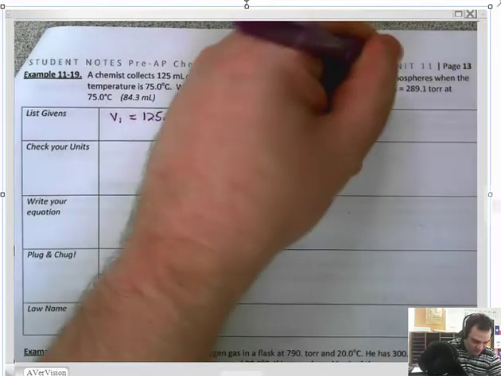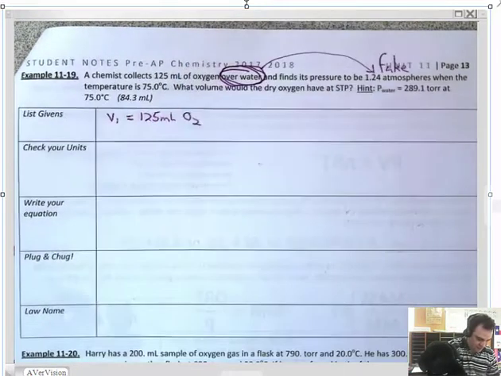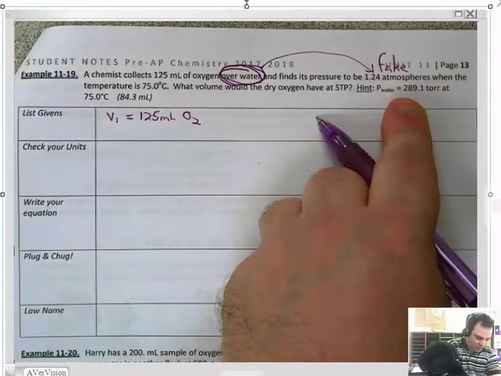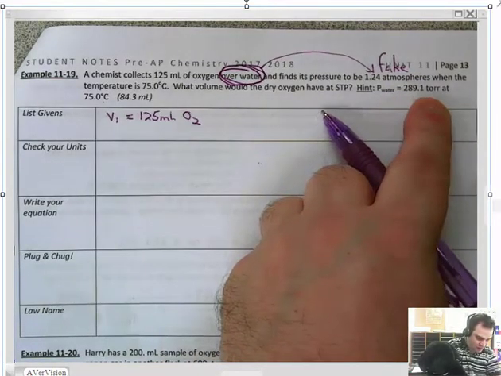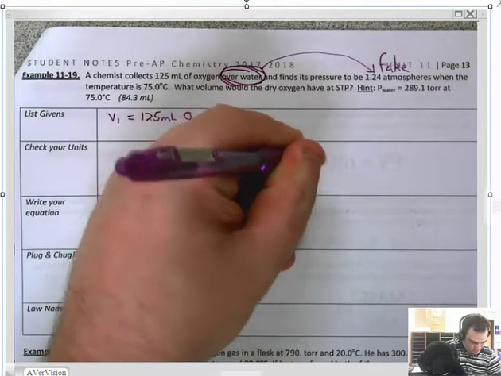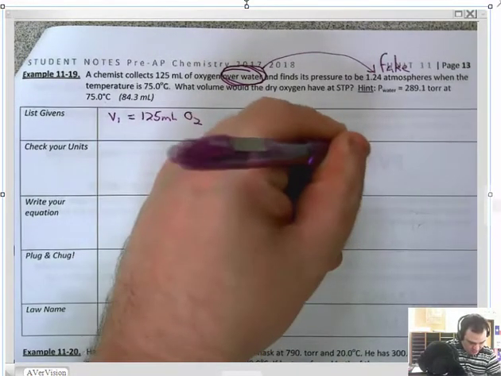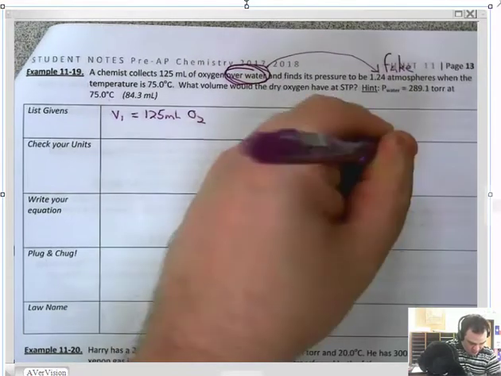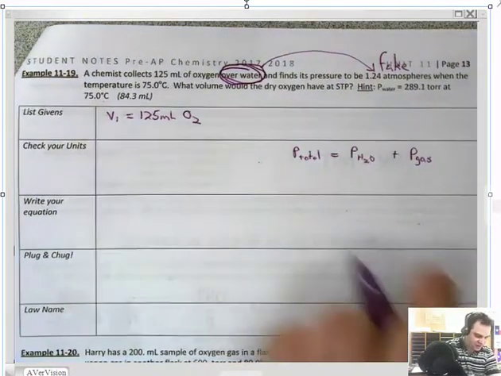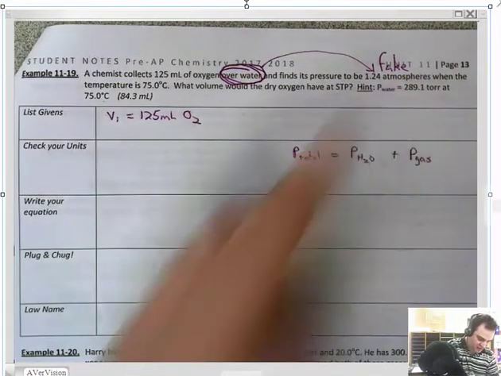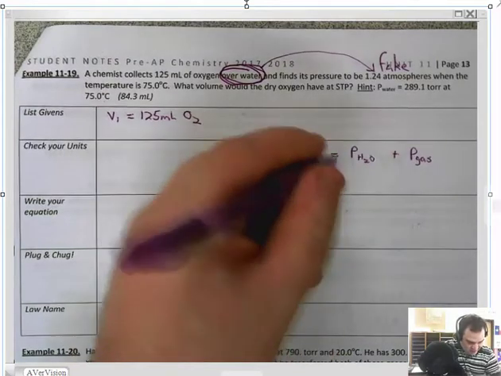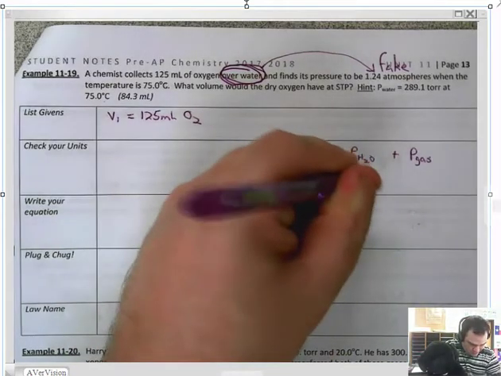That means that this is fake. We have the pressure of water as 289.1 torr. So we're going to use P total equals the P of water plus the P of gas, because this is the pressure of both the gases, not just the oxygen. That's why it's fake.